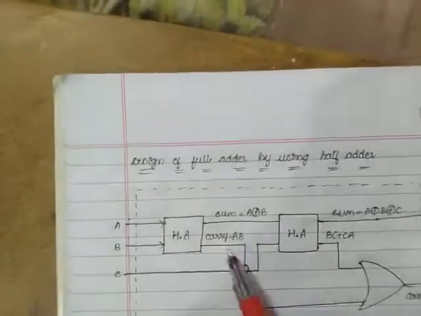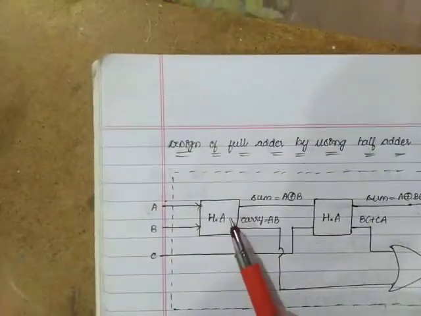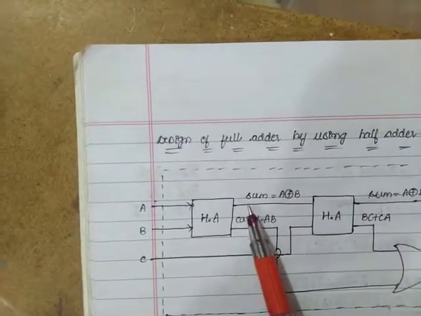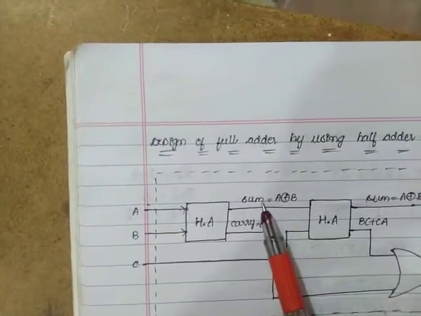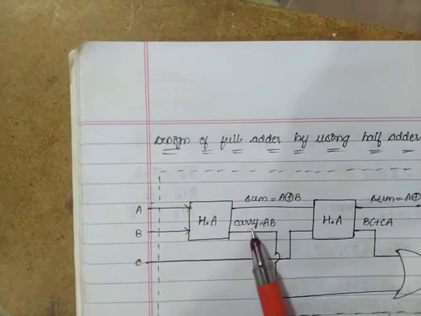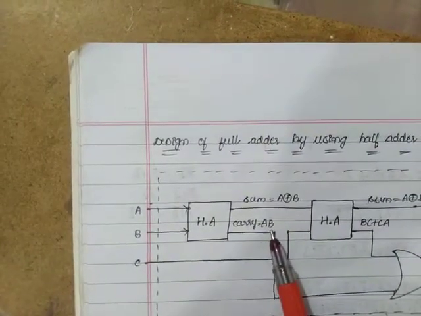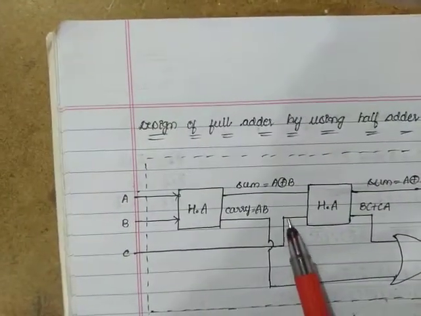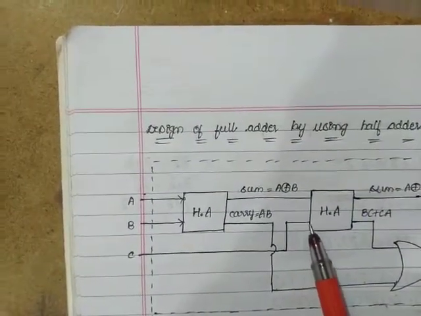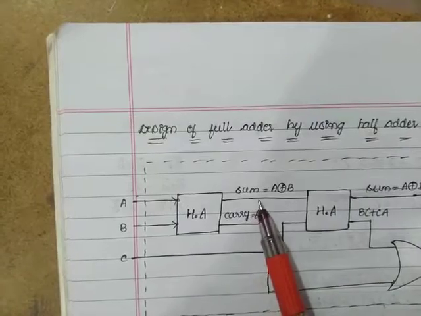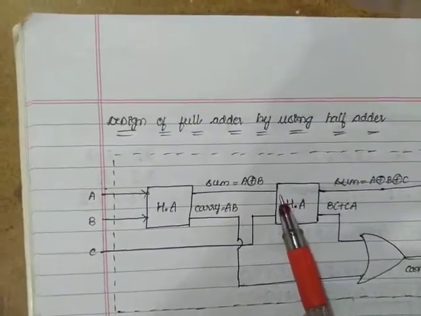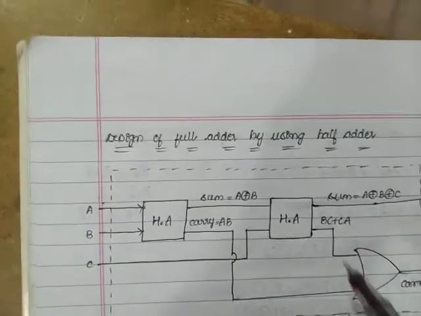Okay, and coming to the first half adder, as we know, it has two inputs, and the outputs are sum and carry. The sum output of the half adder is A XOR B and the carry will be AB. Similarly, suppose we use one more input C, and that will be given to the next half adder, and the output of the first half adder will be given as an input for the second half adder.